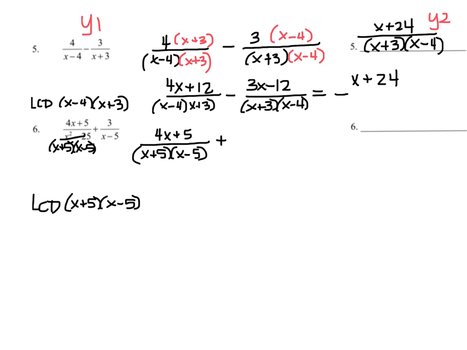The second term is missing the x plus 5. And again, all I'm doing is simplifying, so now I'm combining like terms across the numerator. So I have 4x plus 3x, which will give me 7x. I have 5 plus 15, which will give me 20.